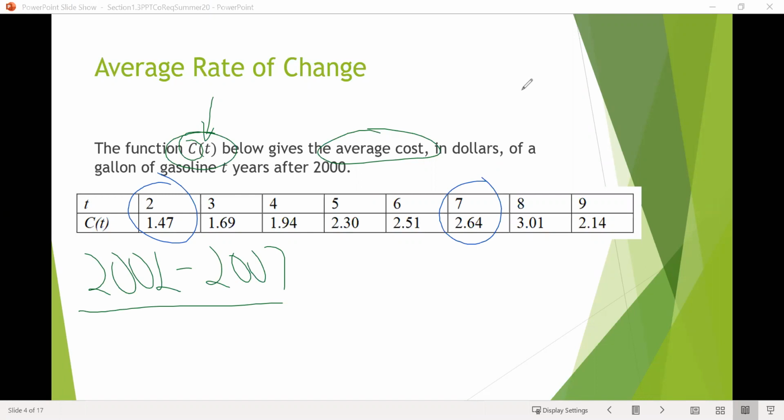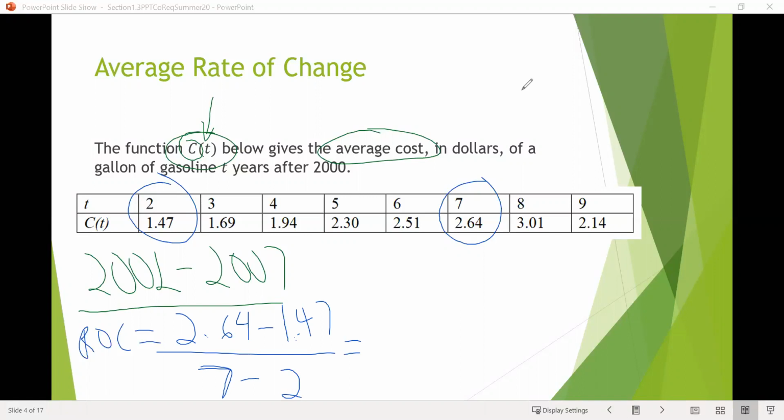To find the rate of change, first we take differences in our outputs, because we're trying to see how the outputs are changing. So we could do 2.64 minus 1.47 over the change in the years. Even though we're going from 2002 to 2007, I'm going to use the 7 and the 2 and make sure they line up with the values they're associated with. The 2.64 has to do with 2007, so that'd be 7 minus, and the 1.47 has to do with 2002, so that would be 2.